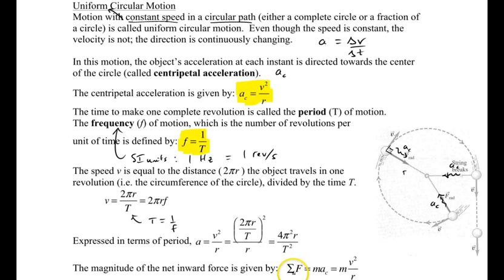Now, just a word about this. This is typically called in some textbooks the centripetal force. Now I find it is better just to call it a net inward force or just a net force. You will see in other books they call it the centripetal force. And over the years I find that's kind of confusing because people think that this is some new kind of force, like a physical force, like a friction or normal or gravity, but it isn't.